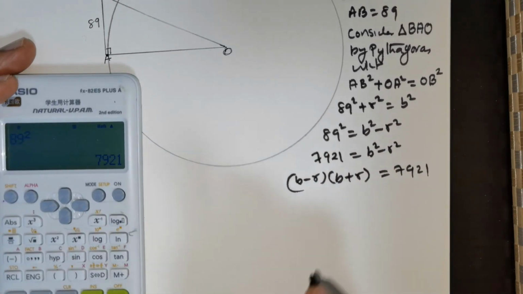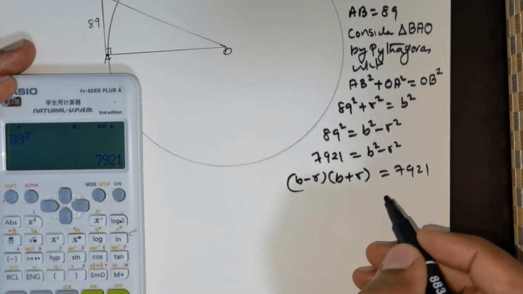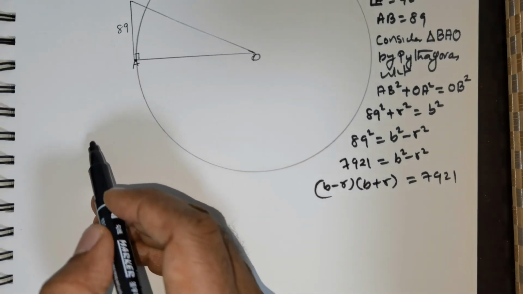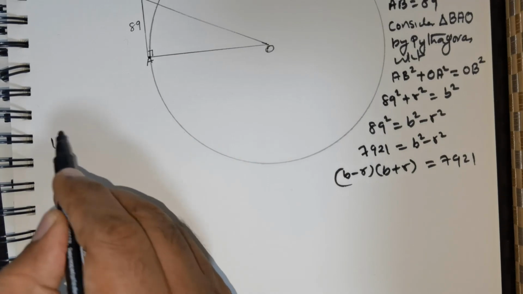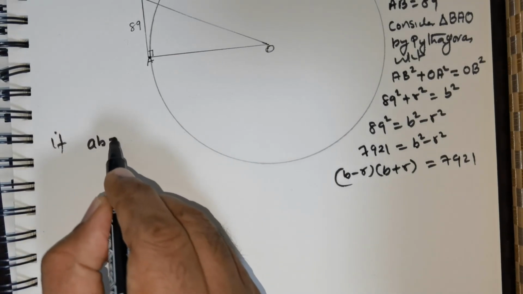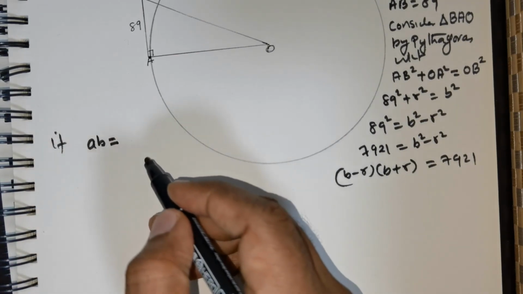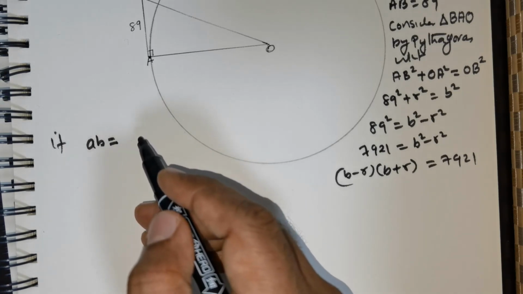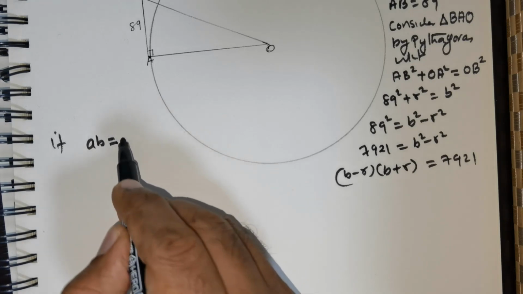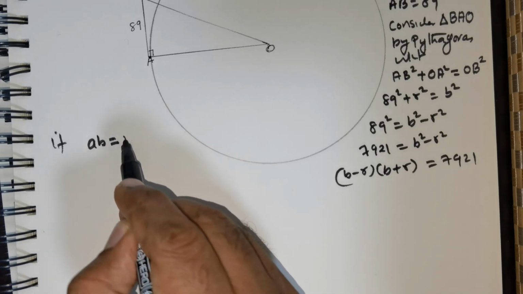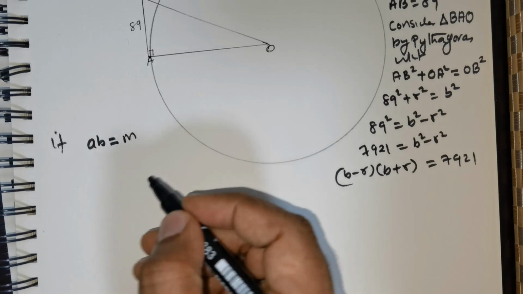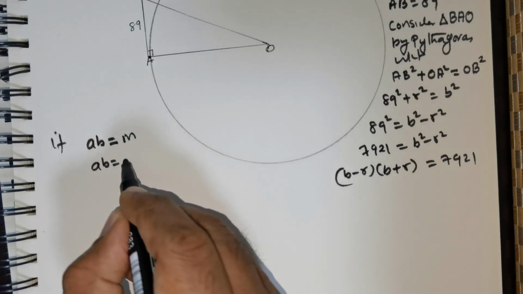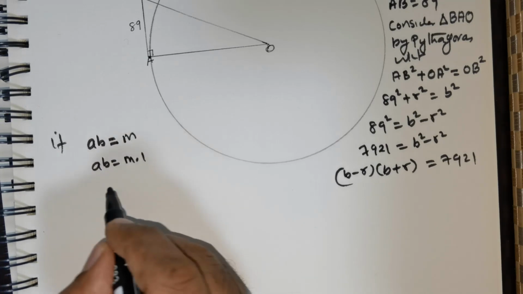Okay, now what I wish to do is I would like to utilize the property from algebra. So what is that? This is the algebraic property. If A times B is equal to say some M, then I can always rewrite this as AB is equal to M times 1.